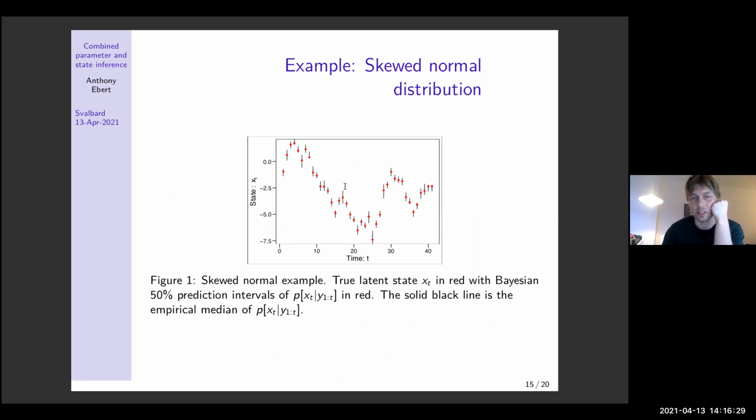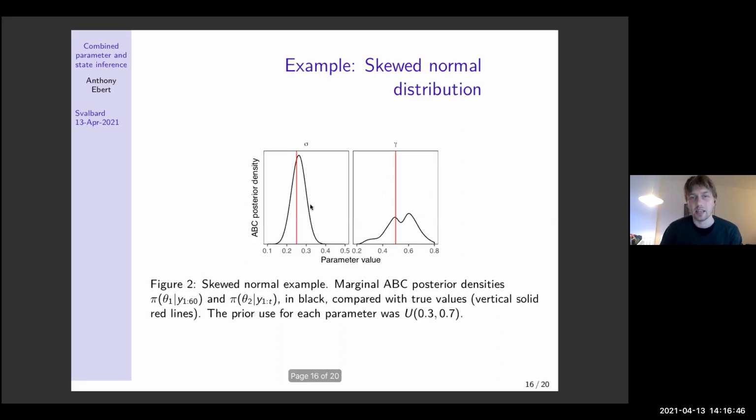And so here we've got the true state in red, and we've got our prediction intervals in black. Sorry, that should say black. And then the red here is the true fixed parameter, and these are our posterior distributions.